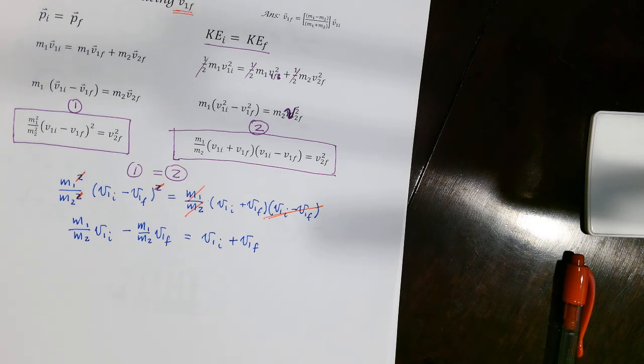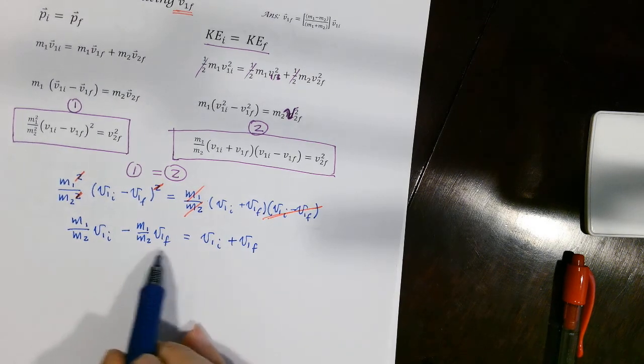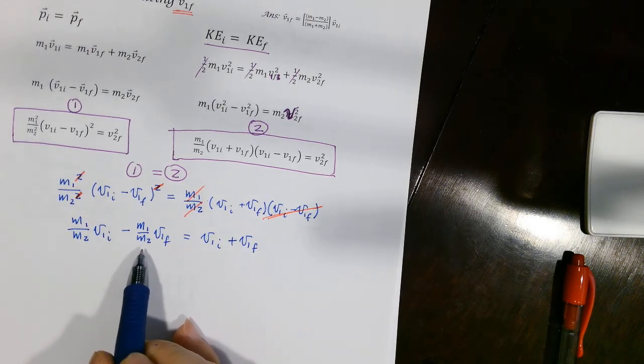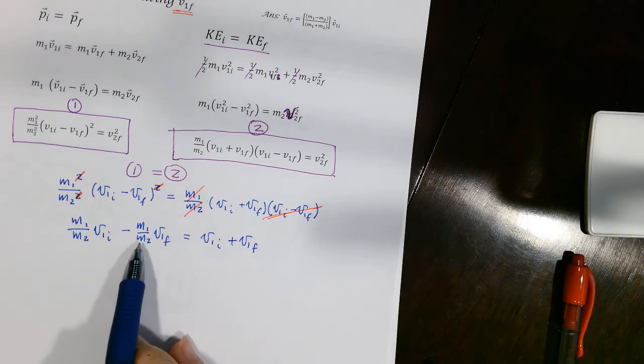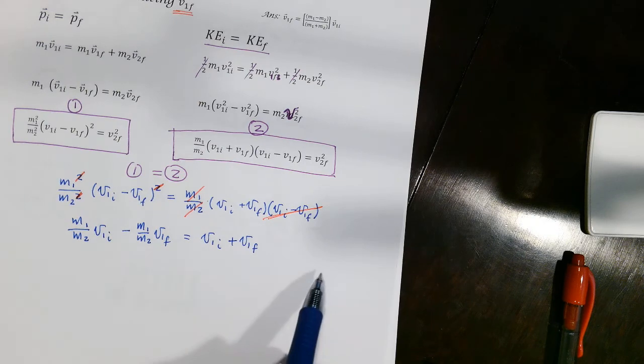Now we're going to try to isolate V1 final. Since we have V1 final here and V1 initial here, let's bring all the V1 finals to one side and V1 initial to the other side.